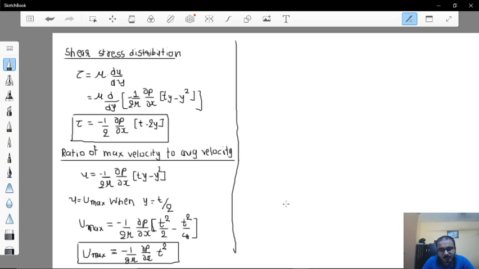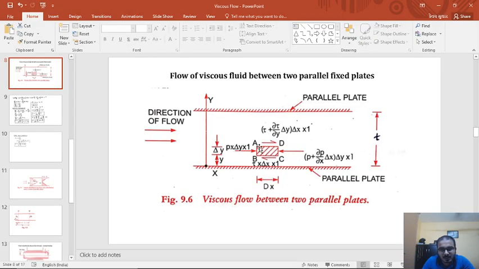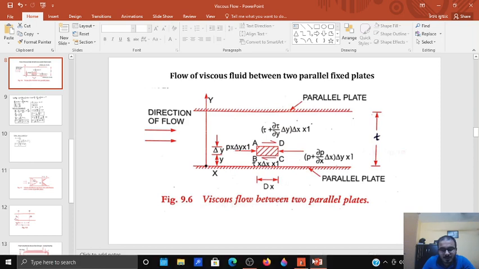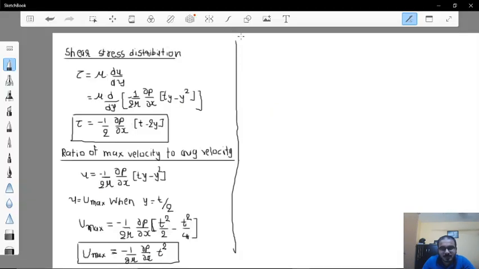So similar to our previous case, here we are considering this elementary strip for the small discharge, that is dQ is equal to u into elementary area, that is equal to t cross 1. So u is already available to us, that is over here. Actually, there is a mistake here.